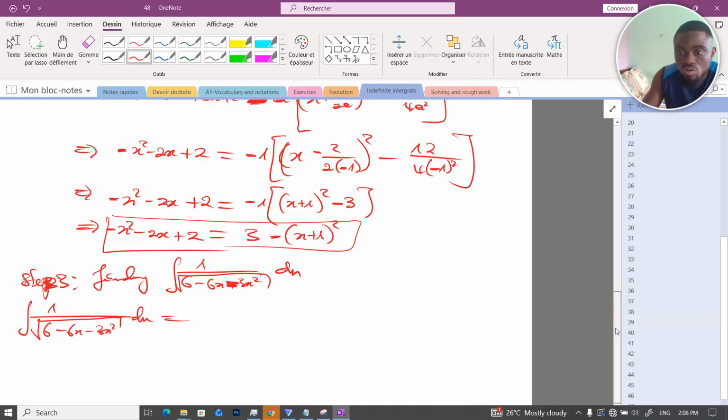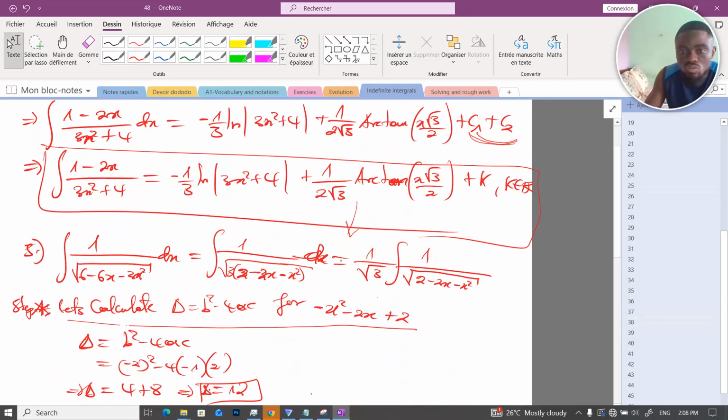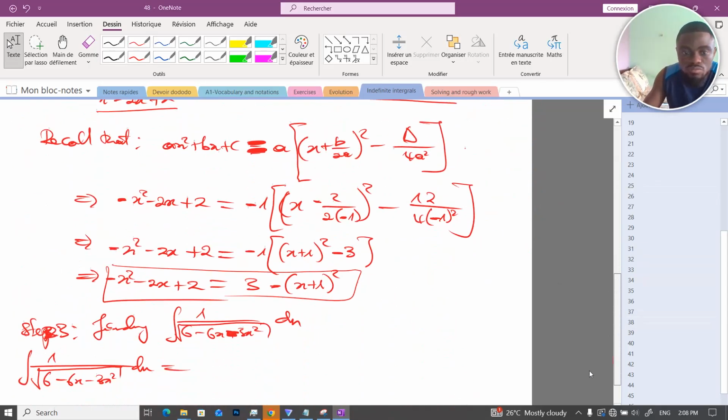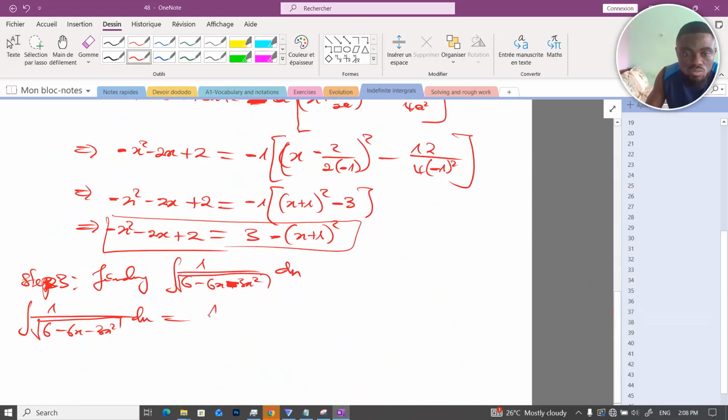Let me verify. It's minus 3x squared. Okay, very good. We saw up here that it was equal to 1/3 integral of this dx. So that would be 1 on root 3 integral of 1 all over the square root of 2 minus 2x minus x squared dx.